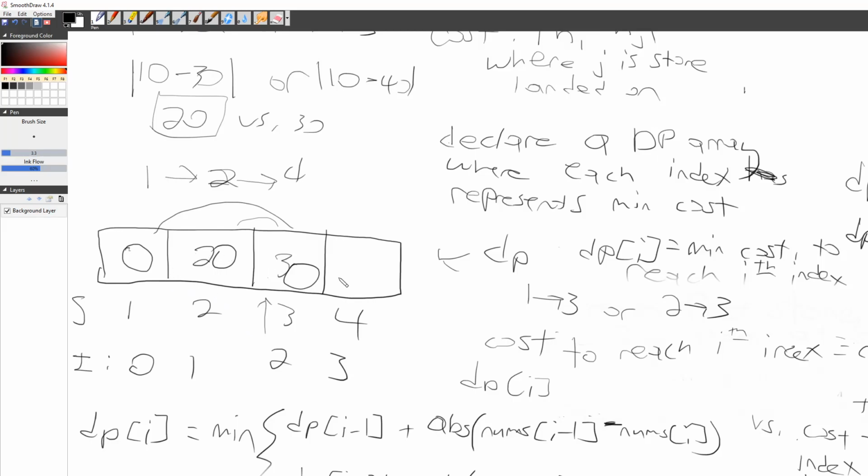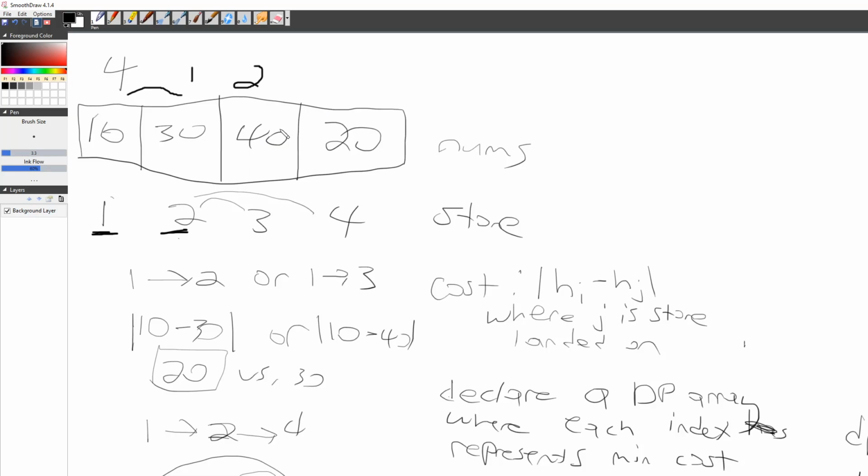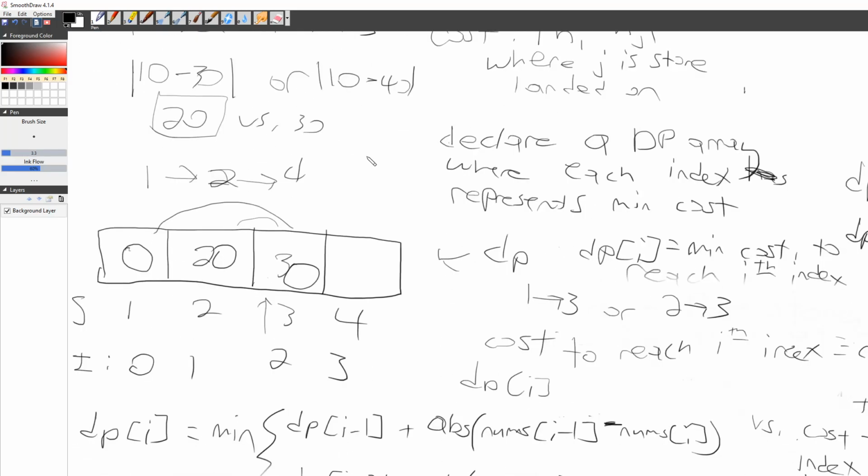Anyways, dp of 2 is just 20, right? It's 20 plus index 2 minus index 3, 40 minus 20, which is 20. That's the regular recurrence.